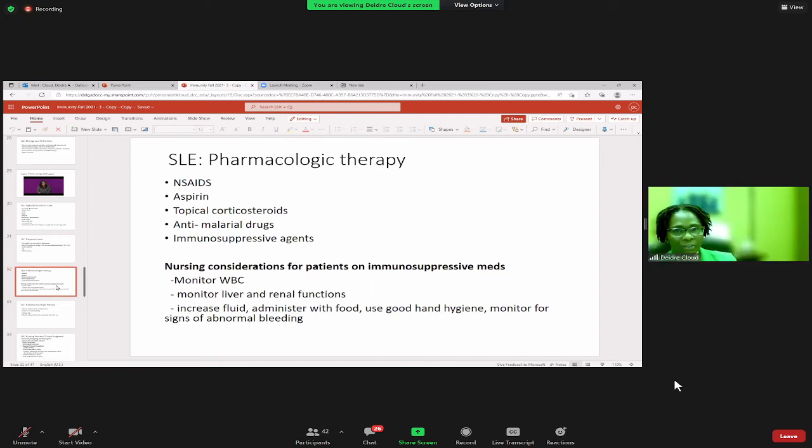So pharmacological therapy. With this, you want to take aspirin, because it helps with the arthritis, the fever, the fatigue, and it's an antiplatelet. With lupus, they do recommend aspirin. It's beneficial for pain, and because of its antiplatelet effects, it helps to prevent thrombosis.